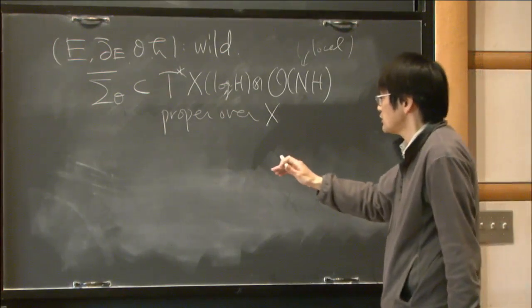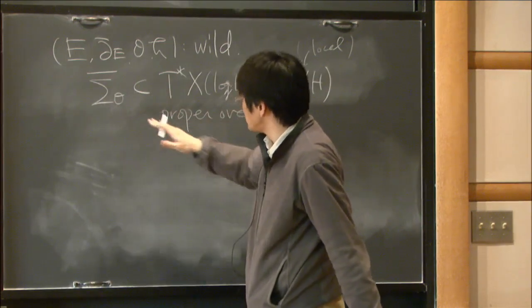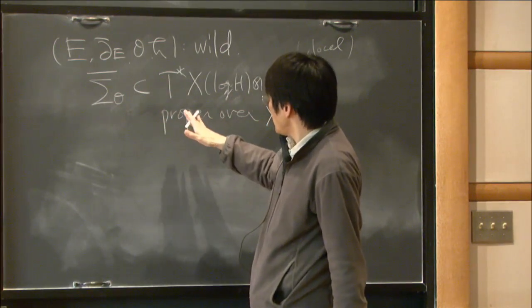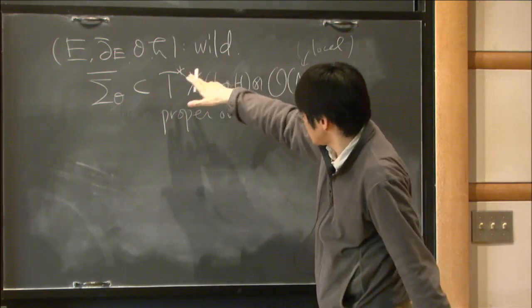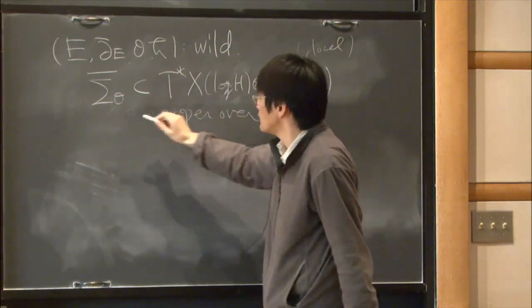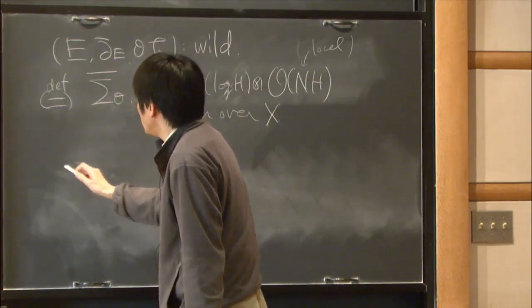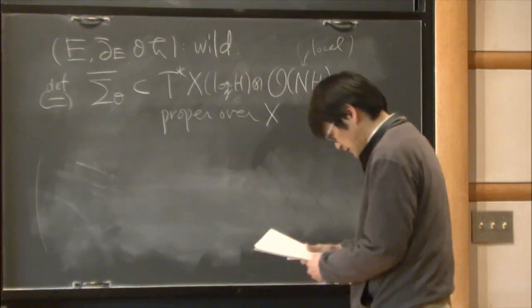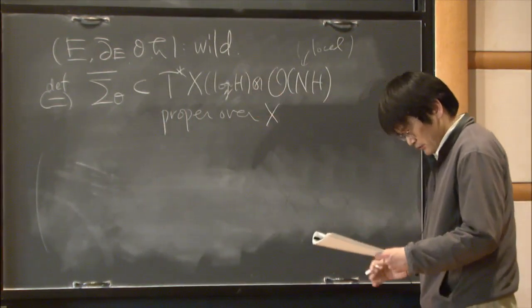Anyway, very briefly, if the spectral variety is meromorphic on X, then this harmonic bundle is called wild. And sometimes it is convenient to consider a subclass of wild harmonic bundles called tame.